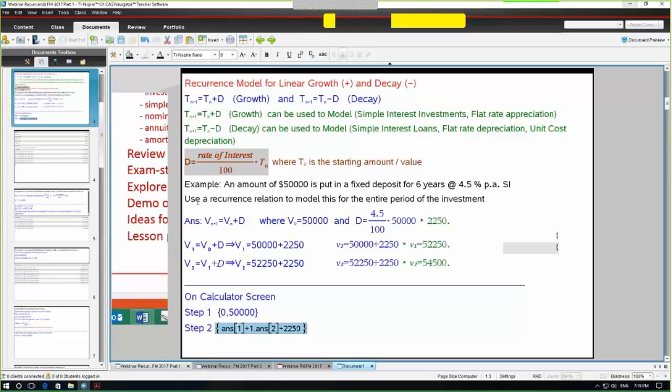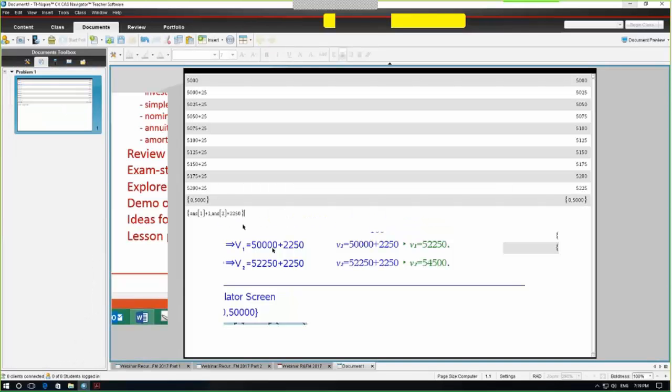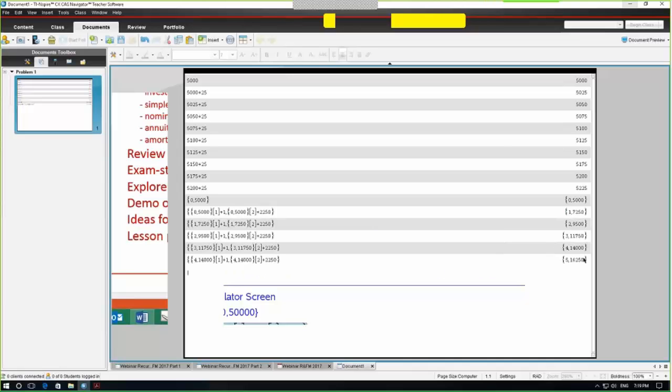So what it will do is add 1 to the 0, and my Ans(2) was 5,000, to that it is going to add 2250. So if I click enter, you see the output is 1 and 7250, and the recursion pattern continues. So now it's telling me that's term 6 for me. So I don't have to keep counting when I'm doing the recursion. So this is a smarter way of doing the recursion on the calculator by using Ans(1) or Ans(2). And that's what I have done over there.